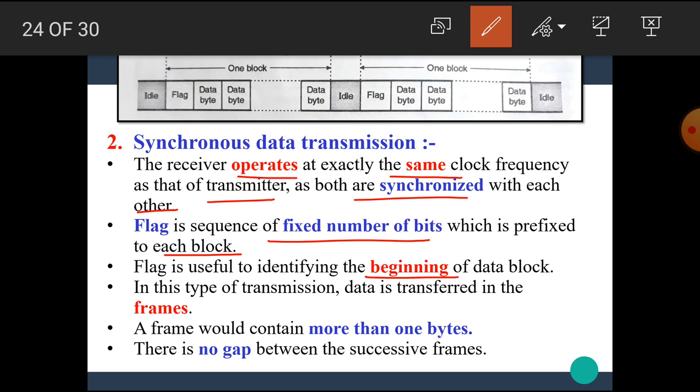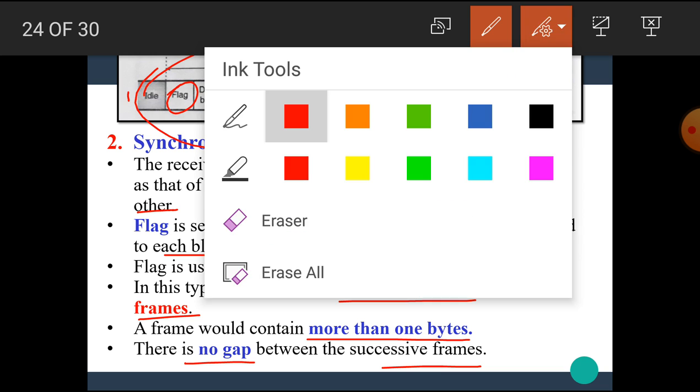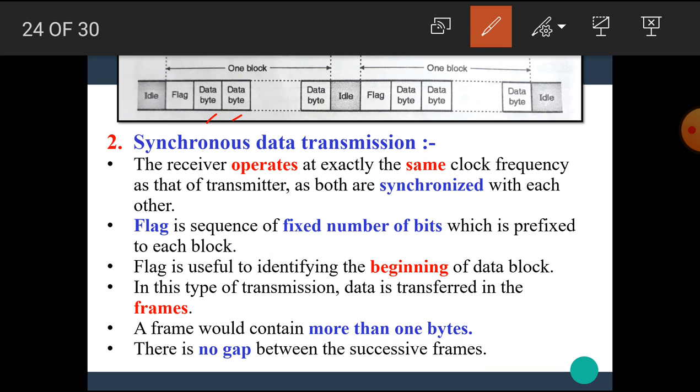In this type of transmission, data is transferred in frames. A frame contains more than one byte. There is no gap between successive frames. That means the data is placed between the frames. Here, the flag indicates that there is a transmission of data, and one frame contains more than one byte.